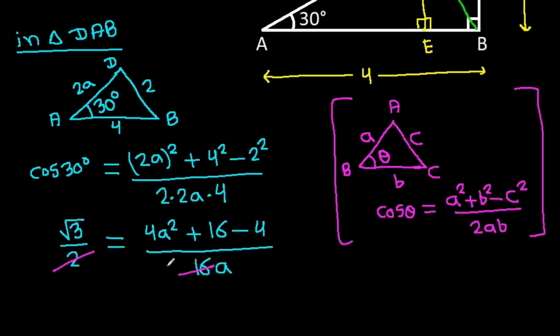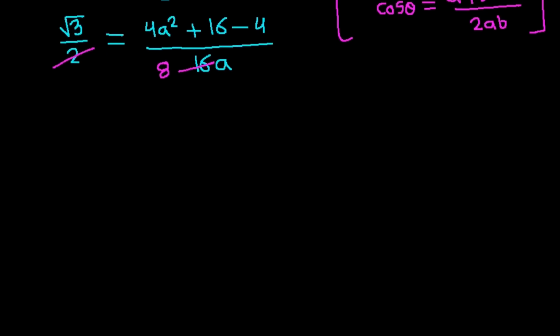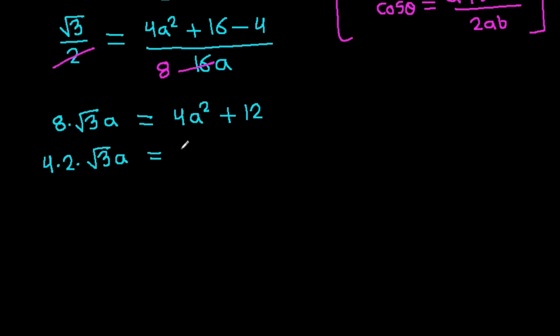If we cross multiply, then 8 times square root of 3 a will be 4a square plus 12, and 8 is 4 times 2, so 2 times square root of 3 a is 4 times (a square plus 3), and 4 will get cancelled.